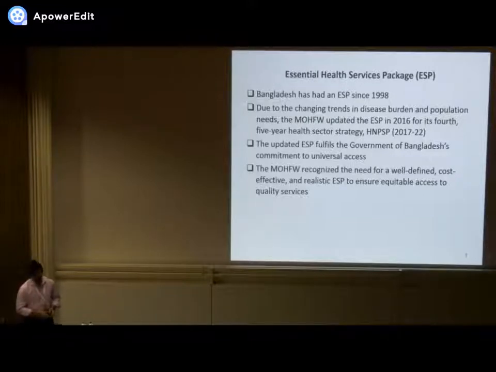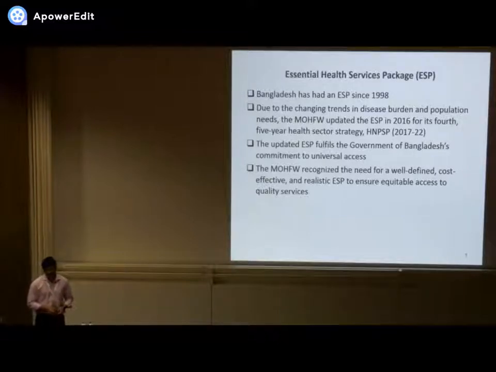The government of Bangladesh has little capacity to invest in health, and public spending is still poor, because of the total health expenditure, 67% is still coming from out-of-pocket payment, and the government spends only 23%.